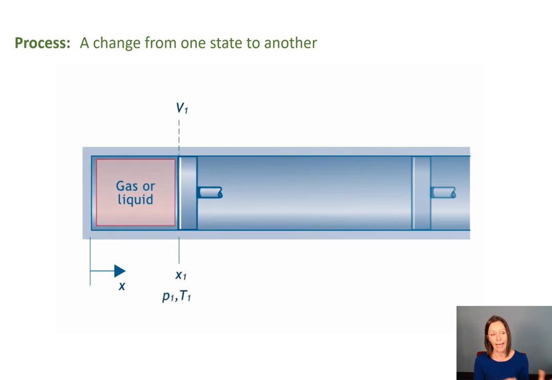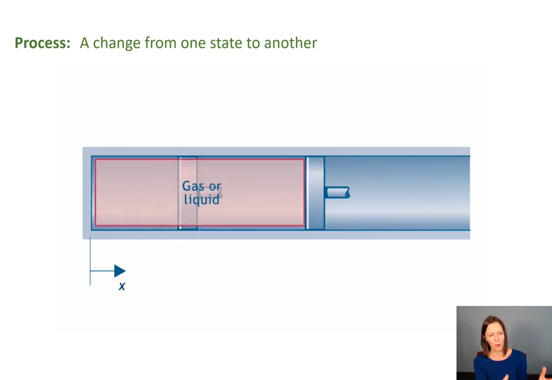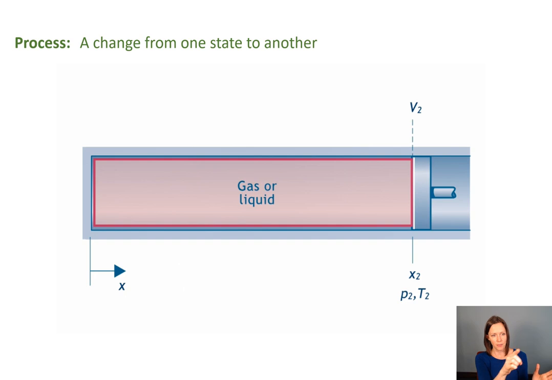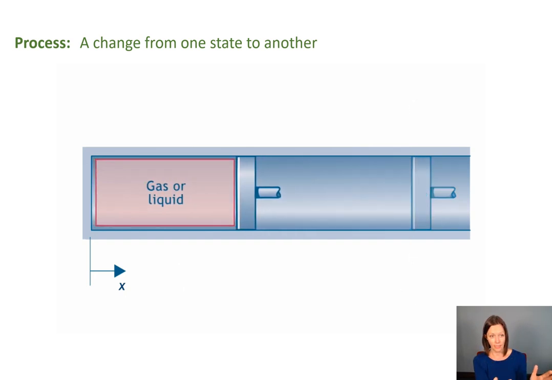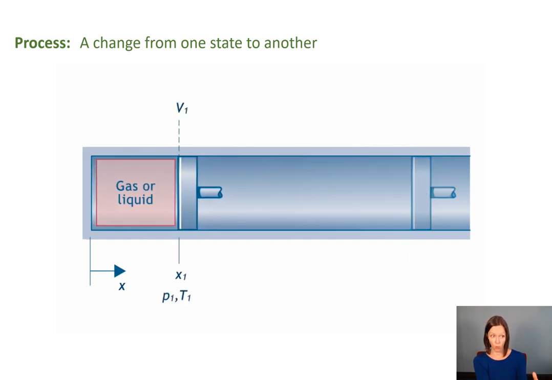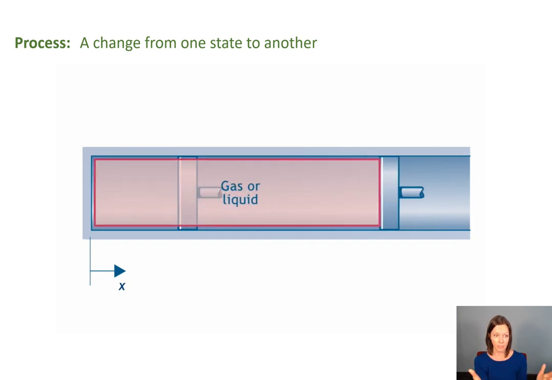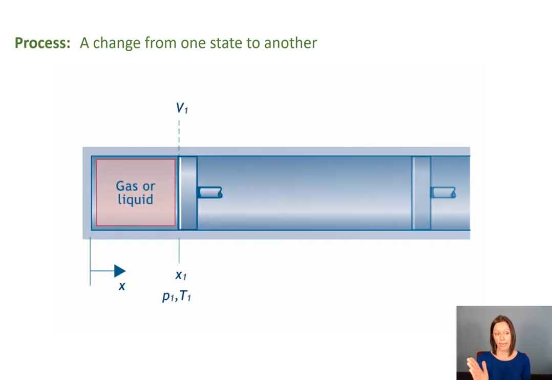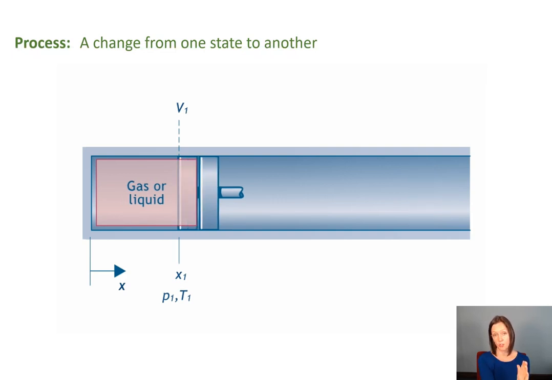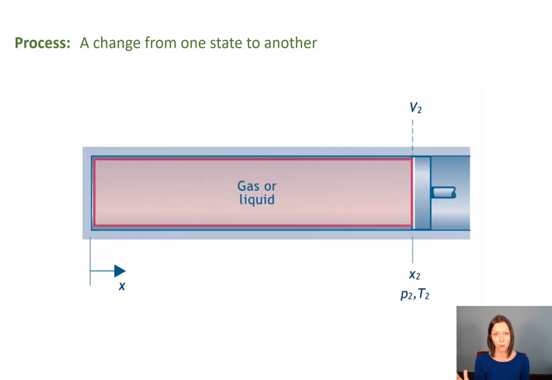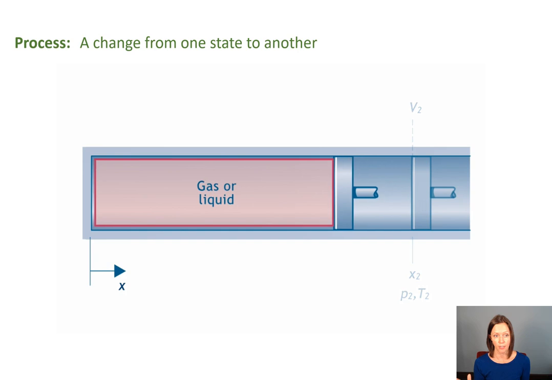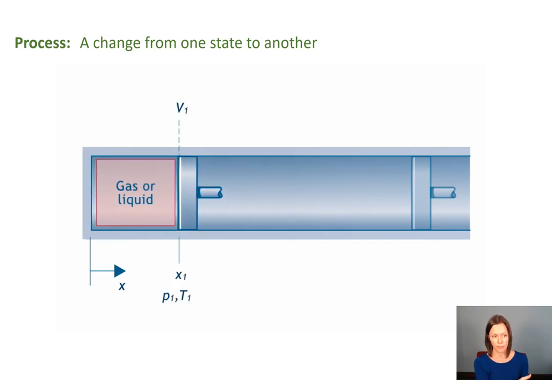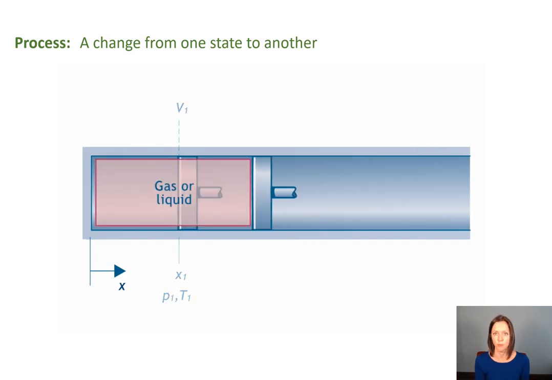So you see the gas or liquid, my working fluid. I've drawn this red line around it, that's my system boundary. So the working fluid, the gas or the liquid, that's my system. And as the piston head reciprocates between position X1 and X2, the pressure and the temperature change from P1, T1 to P2, T2.